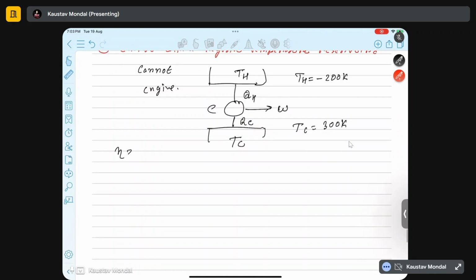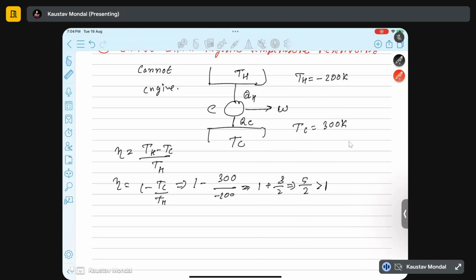Eta is TH minus TC by TH, so eta is 1 minus TC by TH. If you put the values of TC and TH, it gives you 1 minus 300 over minus 200, which is 1 plus 3 by 2, which is 5 by 2, which is greater than 1, right?